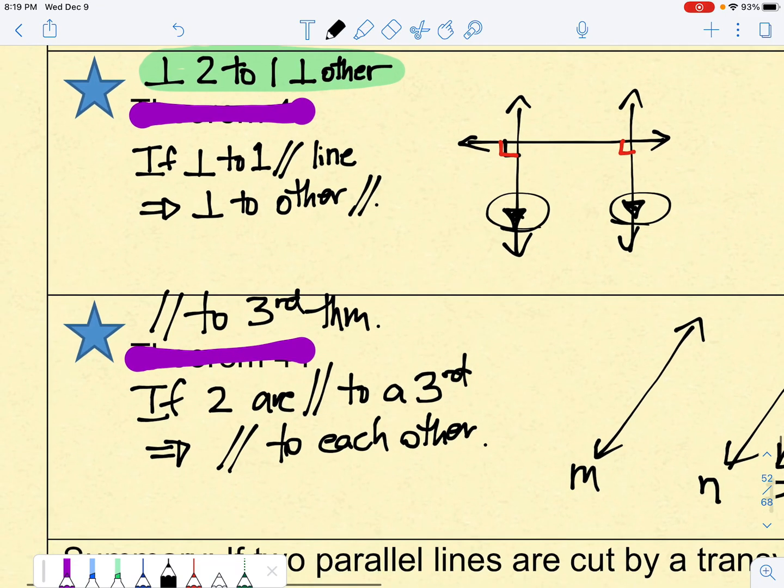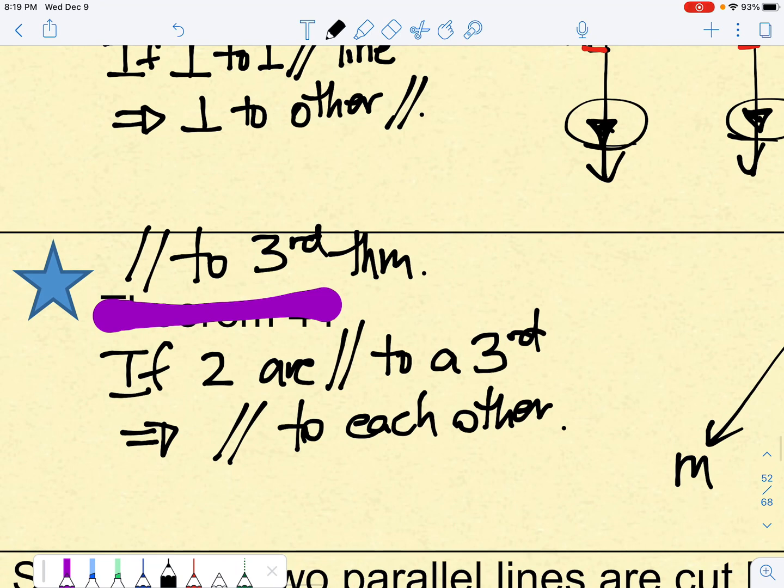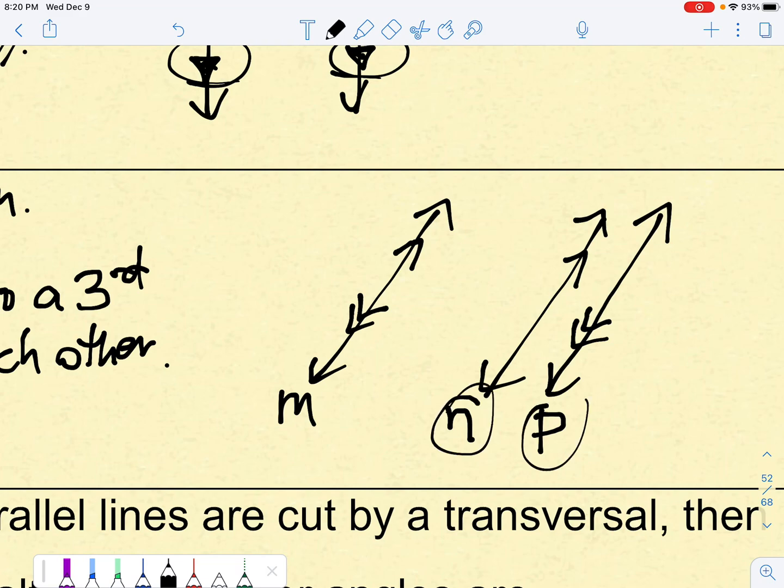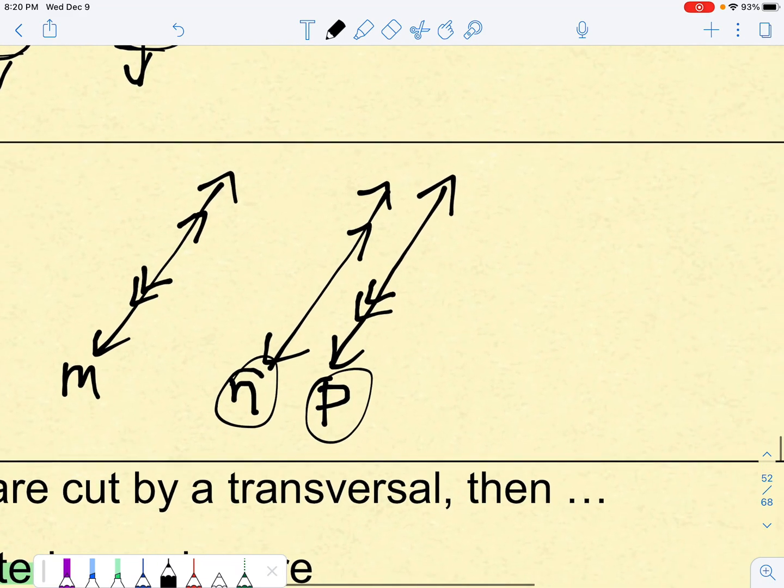And there's one other parallel problem. It says if two lines are parallel to a third line, so for example, M is parallel to N, and M is also, I'm going to mark it going the other way with a double parallel, parallel to P, then we would know that N and P are also parallel.